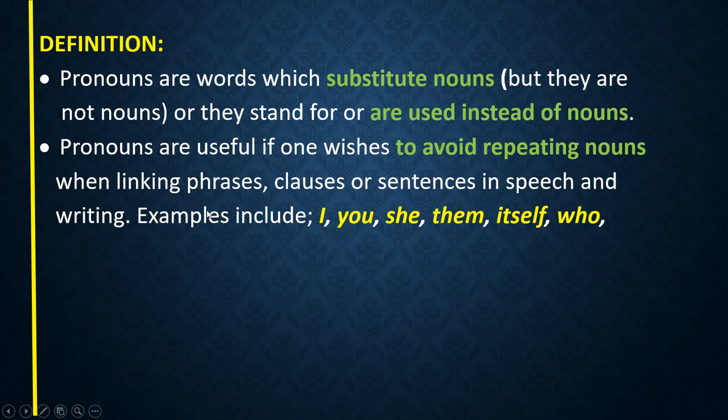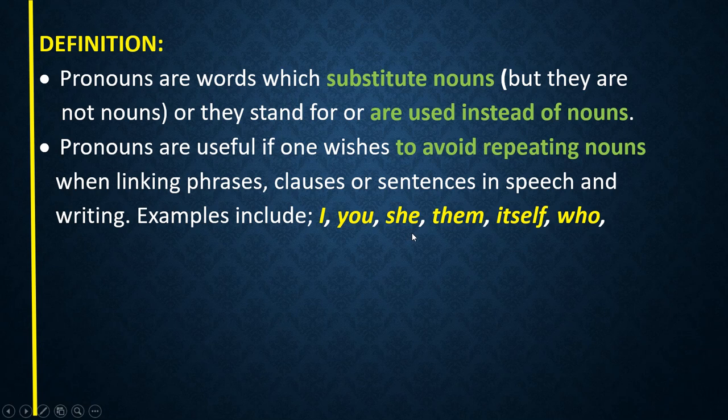So we have examples of these pronouns. We have the pronoun I. Instead of a name of a noun, we use the pronoun I. Another pronoun is you. Instead of saying students, we could use the pronoun you. She.